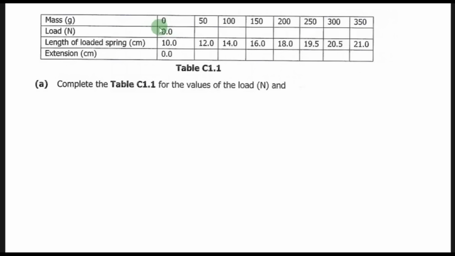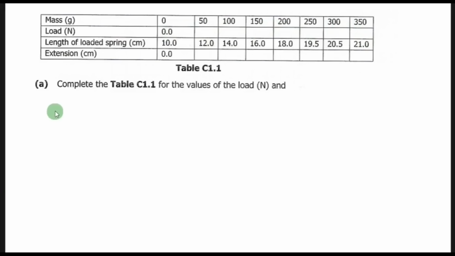That mass brings what we call force. So now what we are going to do is convert these masses into force. So simple, load is actually weight. This load is the force, in Newtons, and it's actually weight. So it is these masses that we are going to convert into weight.